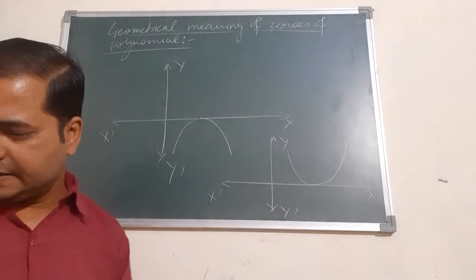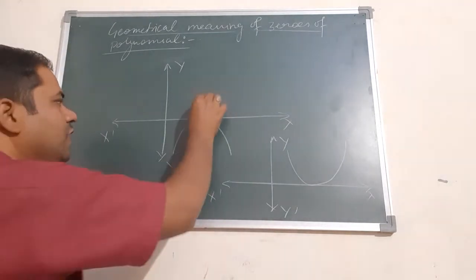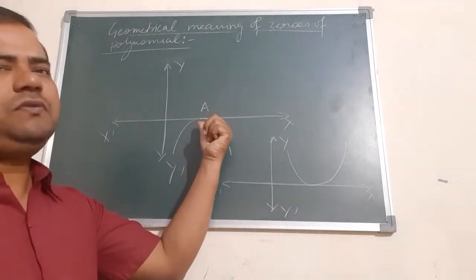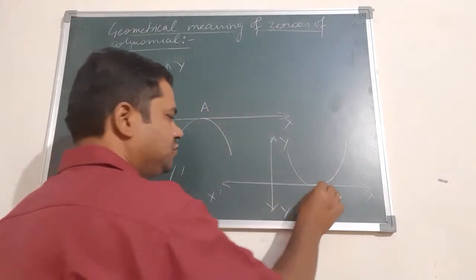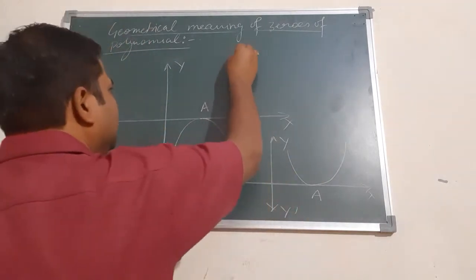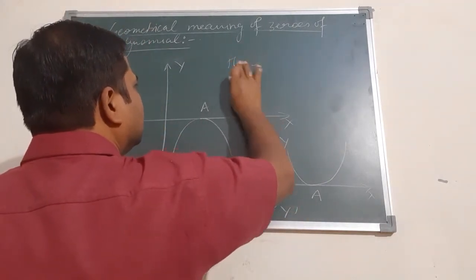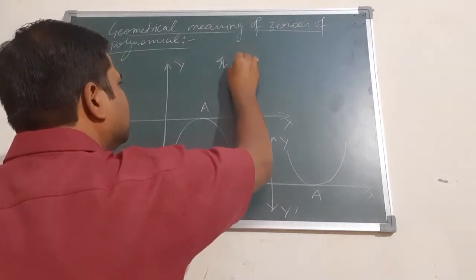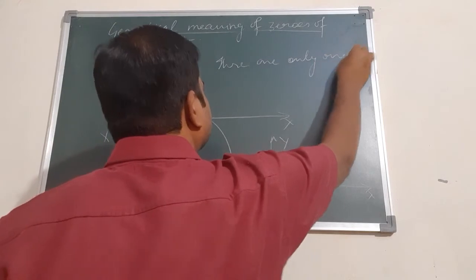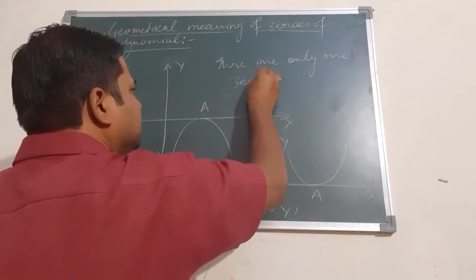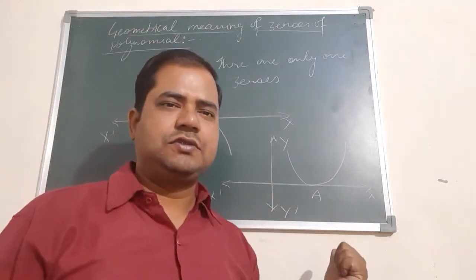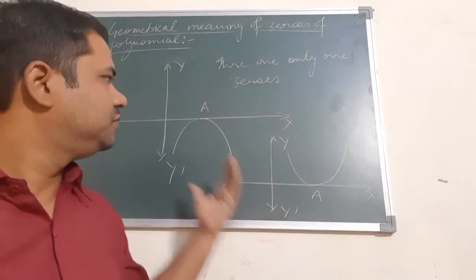So in both the cases, the graph cuts the x-axis at only one point. Suppose this. Only one point. That means there is only 1 zero. Okay. So note it down.